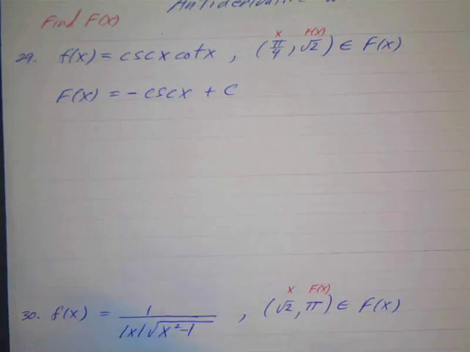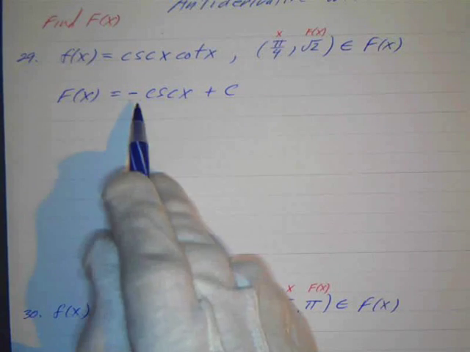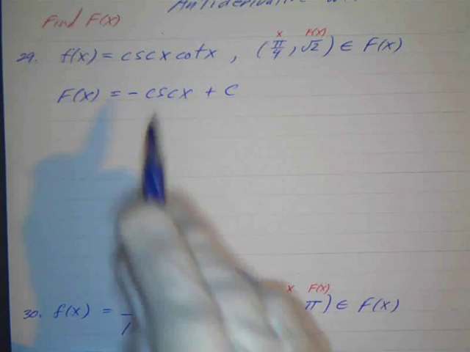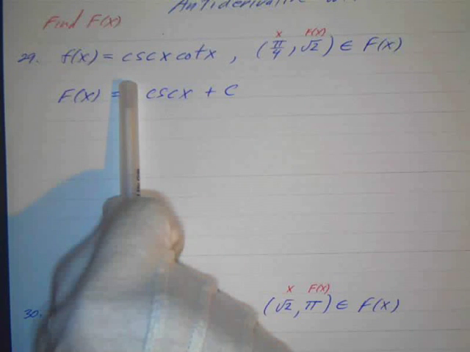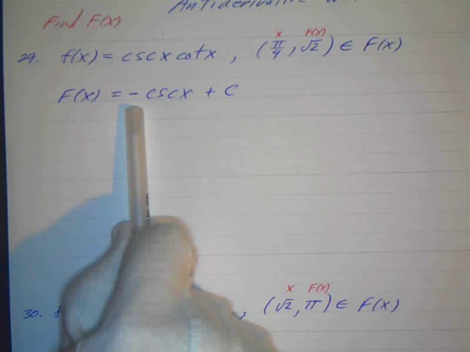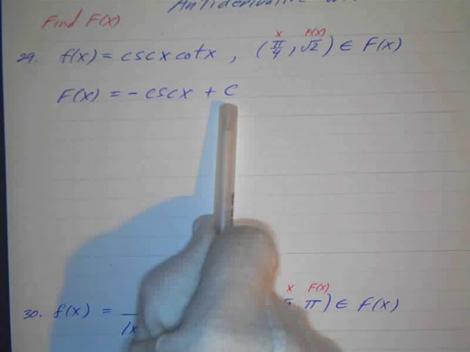And you can always check this just by taking the derivative. In other words, the derivative of the cosecant of x is negative cosecant of x cotangent of x. But I've got a negative in front of that, so a negative times a negative would be just that. And the derivative of c is 0. So if you take the derivative of this, you will get that.